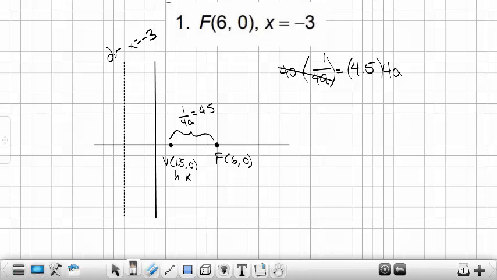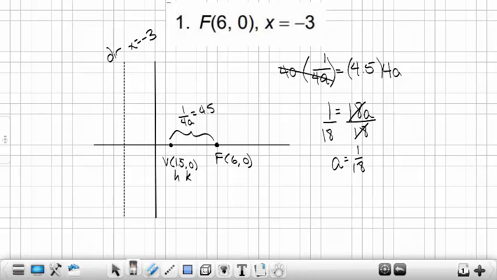Those would cancel. 1 equals 4.5 times 4a. We talked about yesterday, 4.5 times 4 is 18. We divide both sides because we want to get a by itself. Those cancel, and we get a is 1/18. Now we have a, h, and k. We're done. We don't need to mess with p that they bring in later, and we'll talk about that.